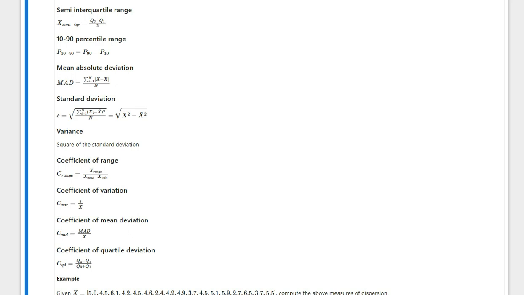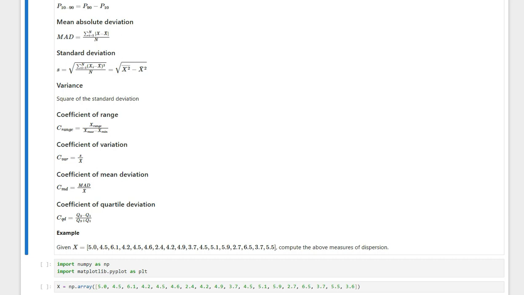Okay, so these are the measures of dispersion that we will compute, and we'll see how we can compute them using Python. Let's look at an example. Like our previous video, we have this data set. Given x is equal to this list here, we will try to compute the above measures of dispersion.